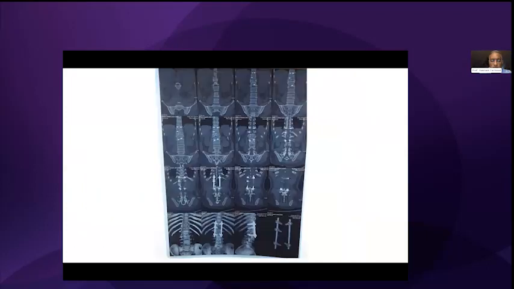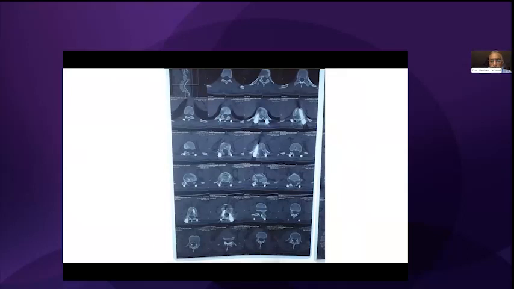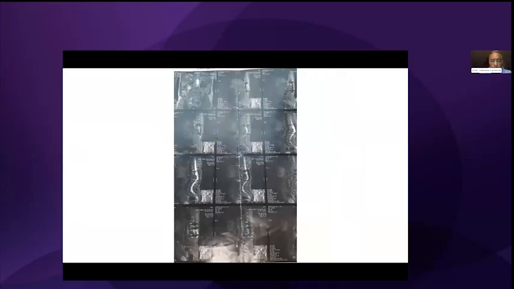This is the coronal and the 3D, and this is the axial cuts, which show that the screws were put in a proper direction.